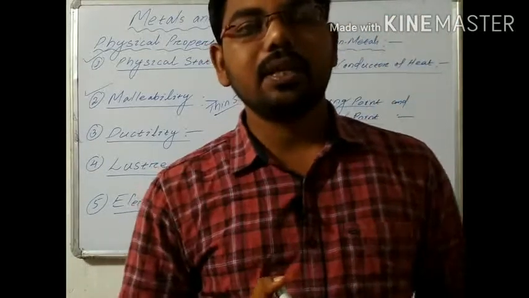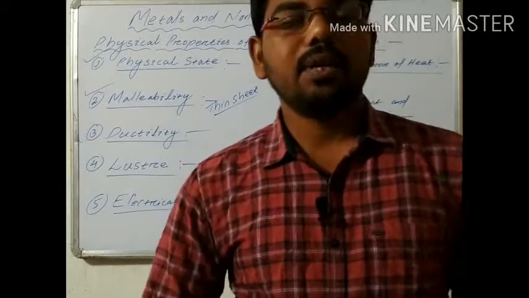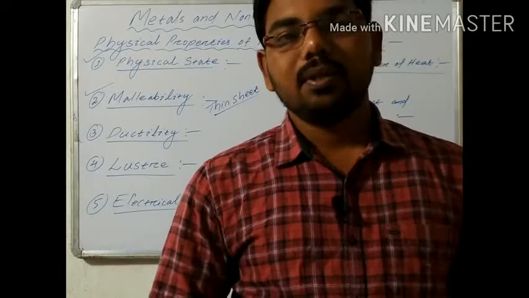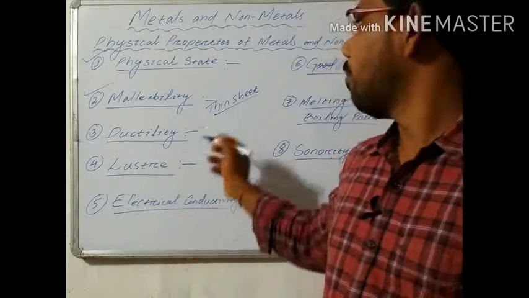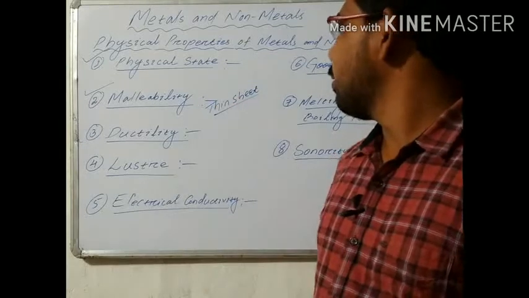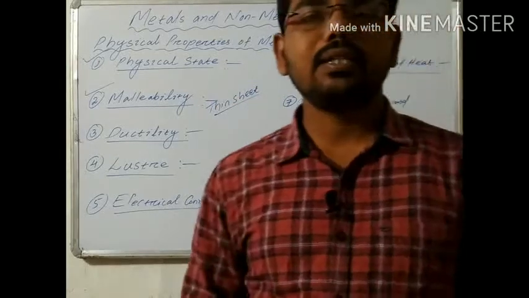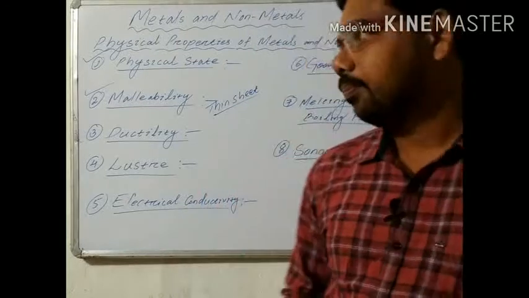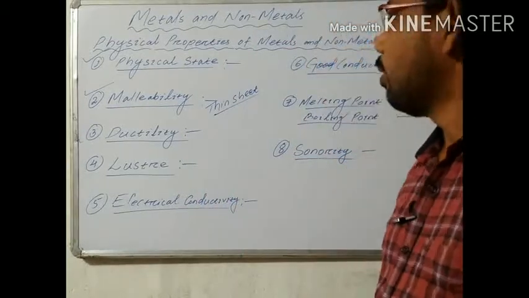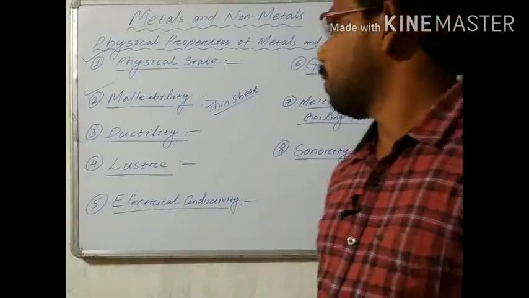When we strike or hammer them, they change into thin sheets. Metals like silver, iron and copper have high malleability.